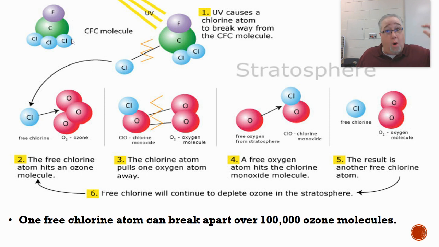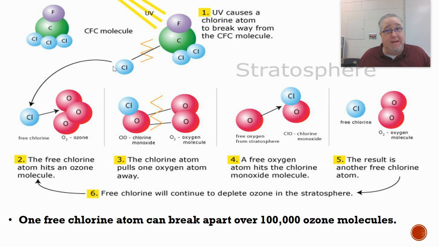When CFCs are released into the atmosphere and go up, they can react with ultraviolet radiation. Look at the picture here and look to see what is happening. When ultraviolet radiation reacts with a CFC molecule, it causes the chlorine atom, or at least one of them, to break apart.